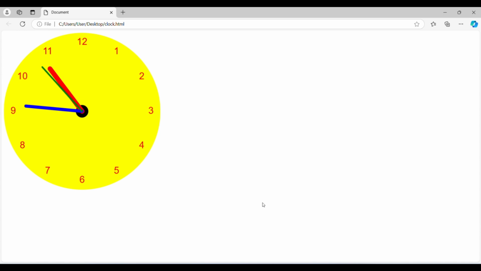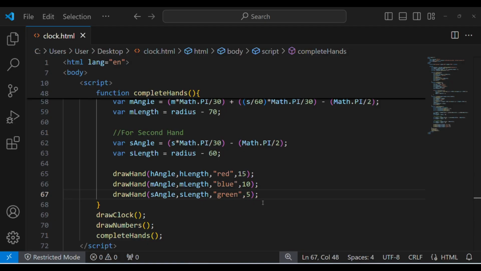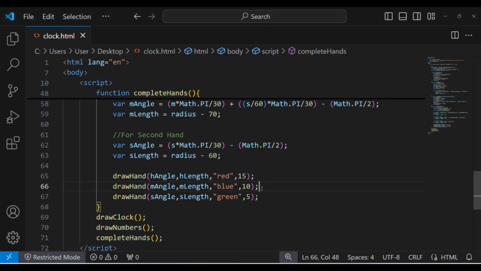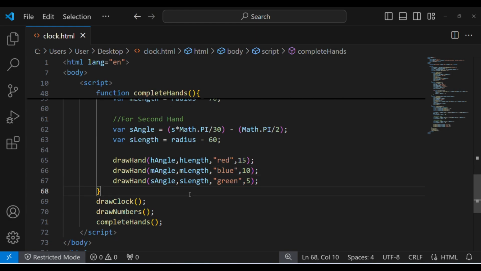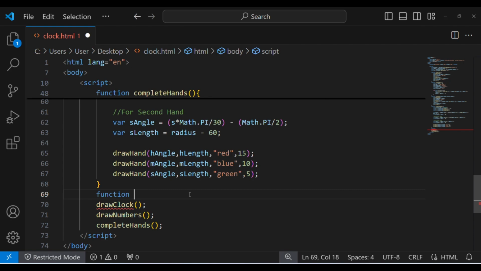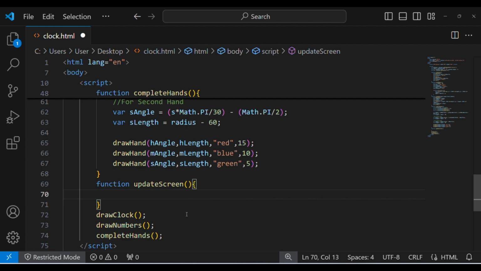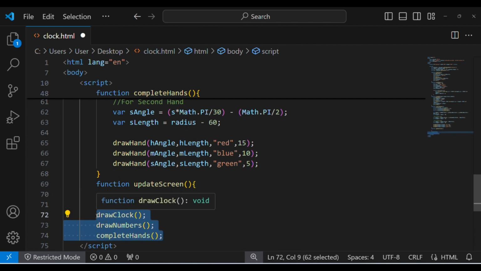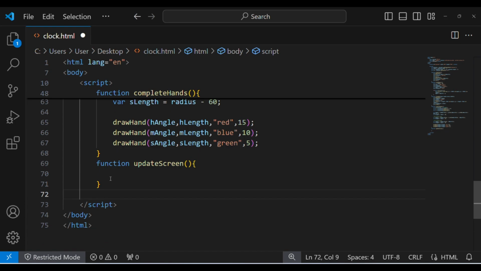To make them show the time continuously, let's come to our HTML file. Now we need to create one more function. Let's create it. Function, and the name of the function will be update screen. And in this function, we will cut it and paste it here.